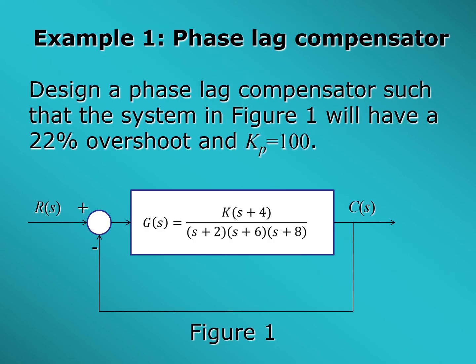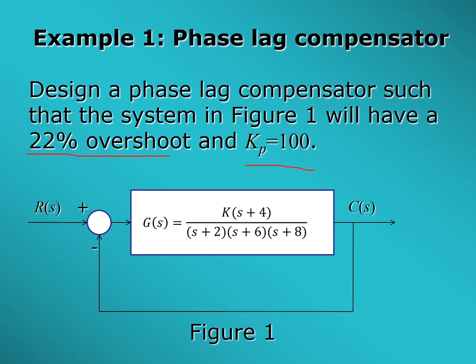Alright, so for the example, we give you example 1. Design a phase lag compensator such that the system in figure 1 will have a 22% overshoot and Kp equals 100. Okay, so this is the design requirement, 22% overshoot and Kp equals 100.